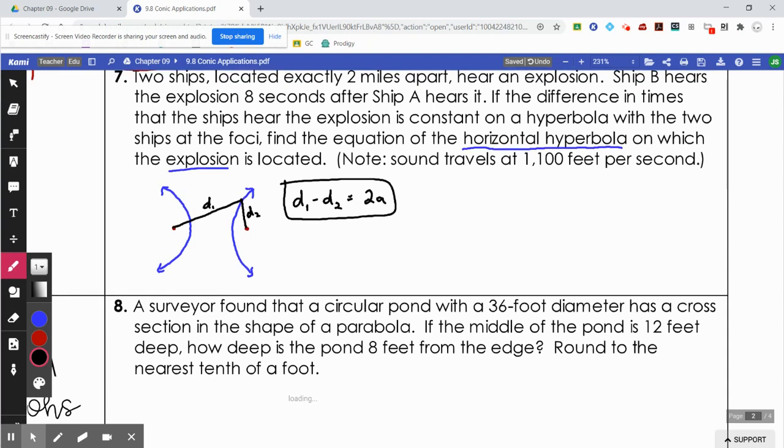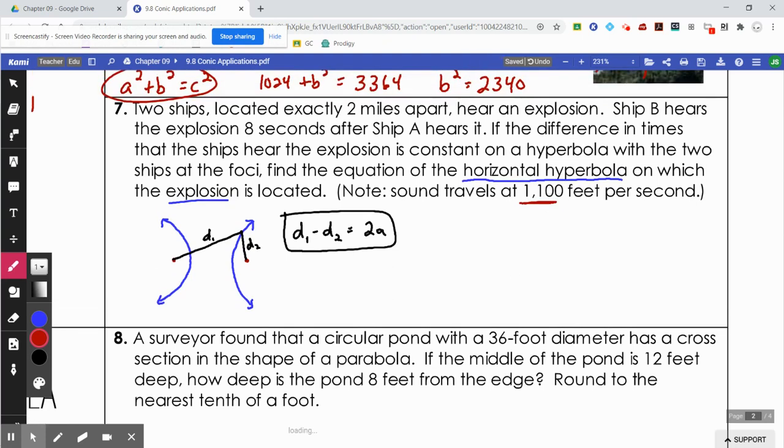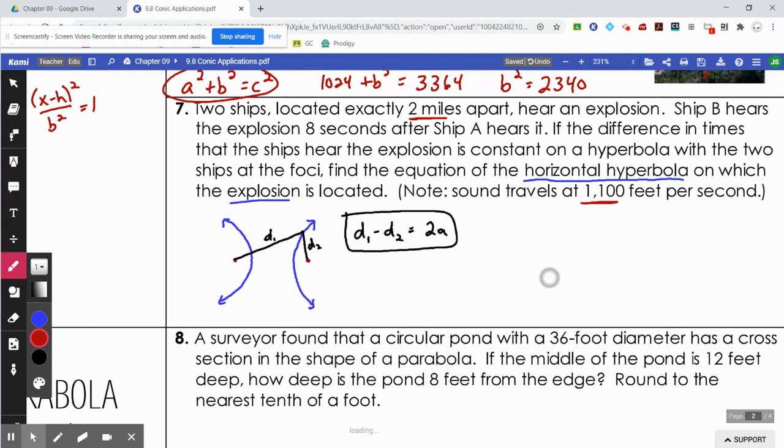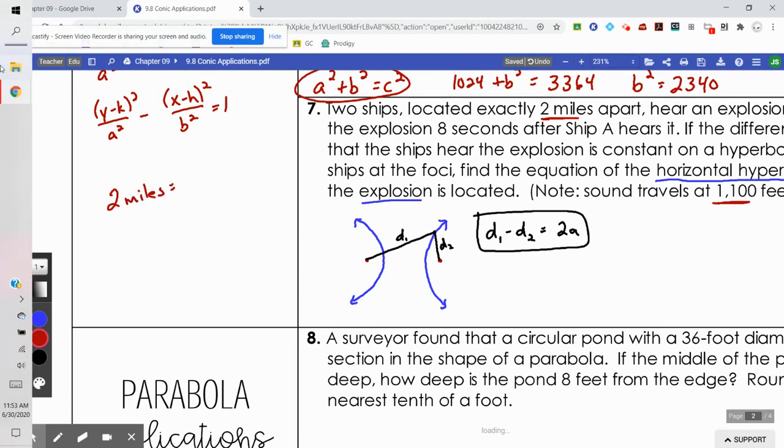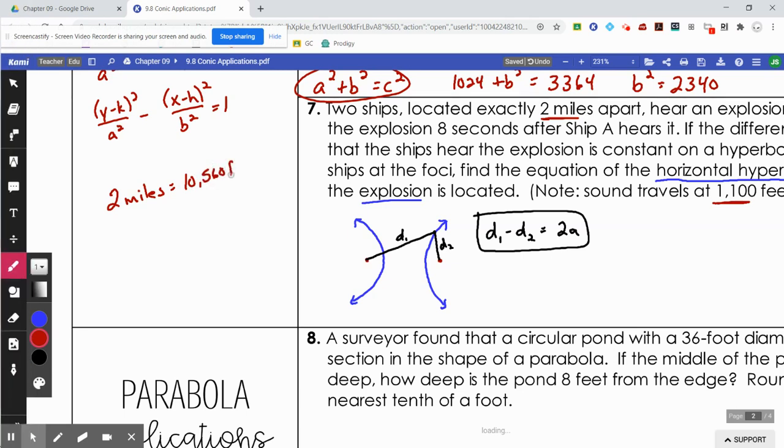Now, the ships here, it says the ships are 2 miles apart. However, down here we're talking about some feet. So instead of 2 miles, 1 mile is 5,280 feet, so 2 miles would equal 10,560 feet.